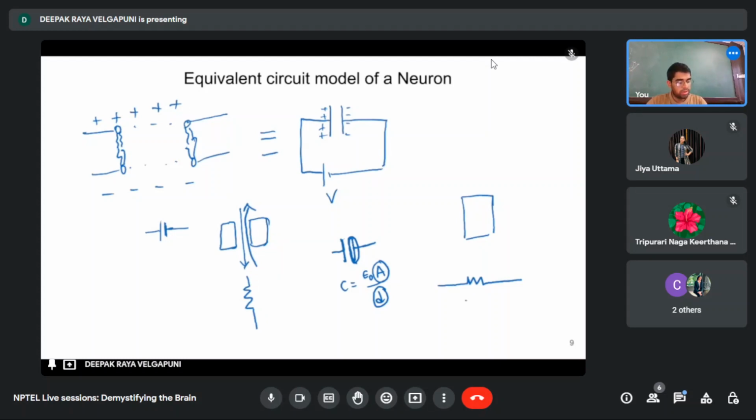So resistance is given by some constant times L by A. If the area of the conductor increases, there is less resistance, and if the length increases, there is more resistance. So if they ask what happens to the current if the length of the ion current passage increases, you have to use this.